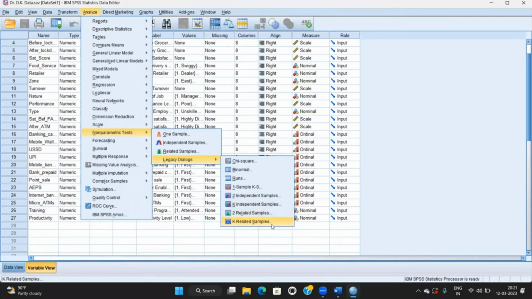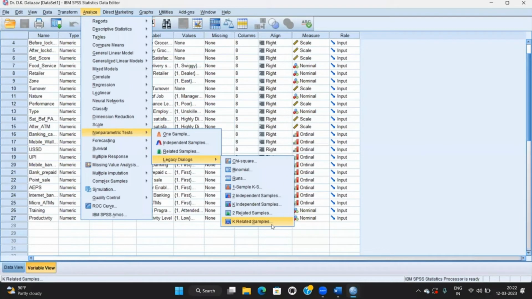Like the parametric tests, where we divided them into t-test and ANOVA. The t-test was further divided into one sample t-test, independent samples t-test, and paired samples t-test. Then one way ANOVA and 2-way ANOVA.